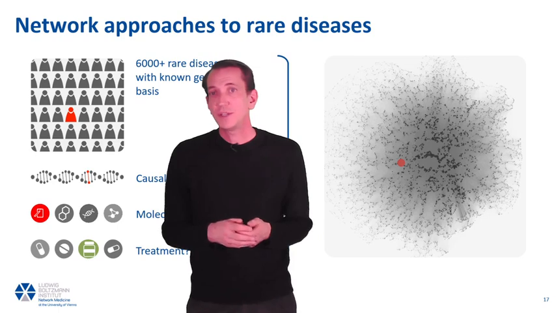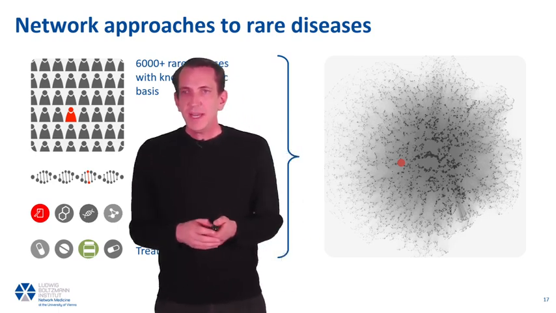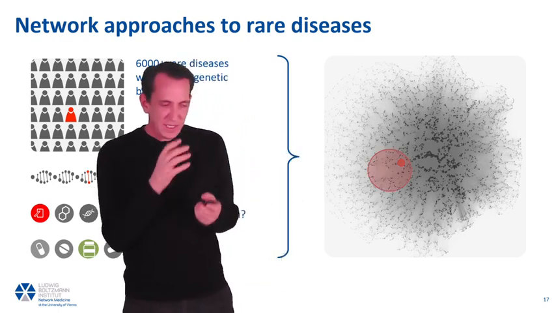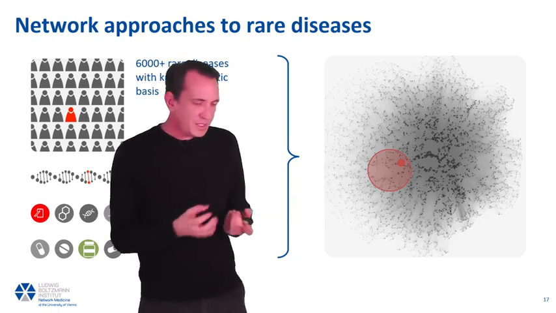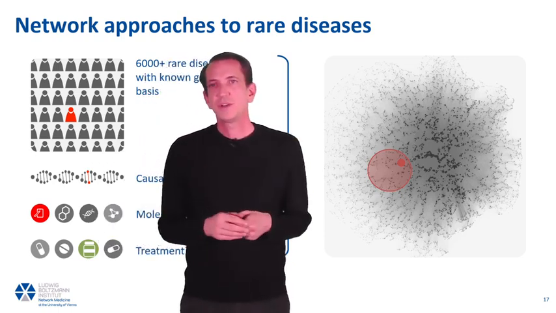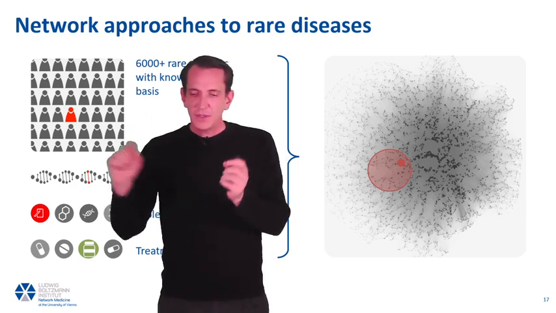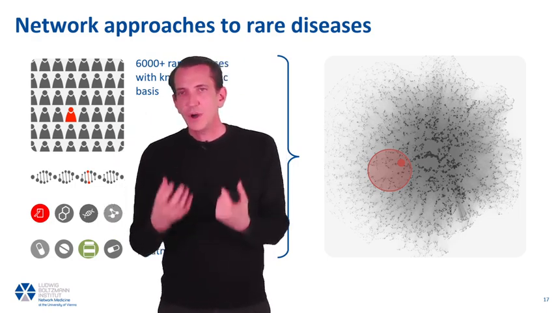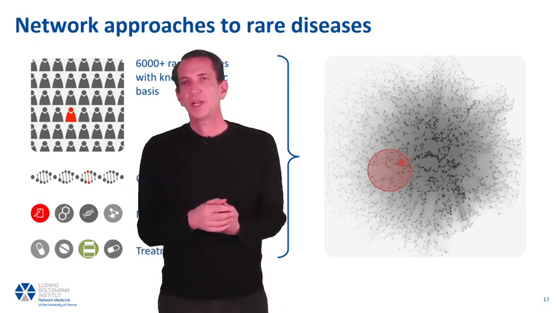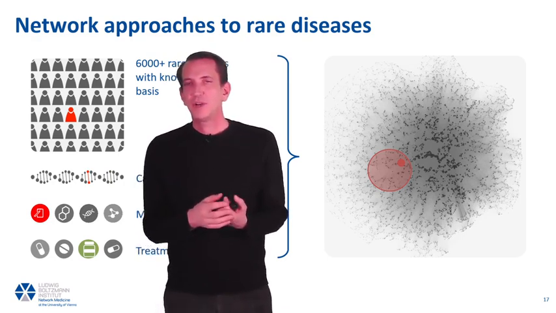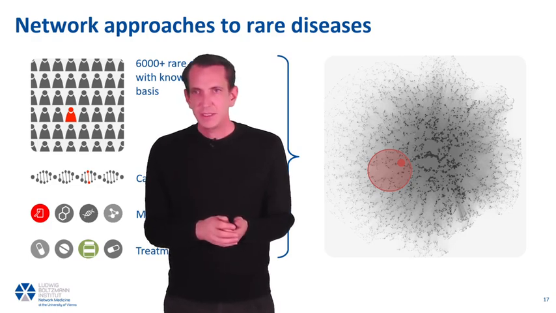of variant genes. Second, we have learned that neighborhoods and connections between proteins actually convey biological function. So we can study systematically the connections of this one causal gene to its network neighborhood to better understand the molecular mechanisms that are behind this disease.